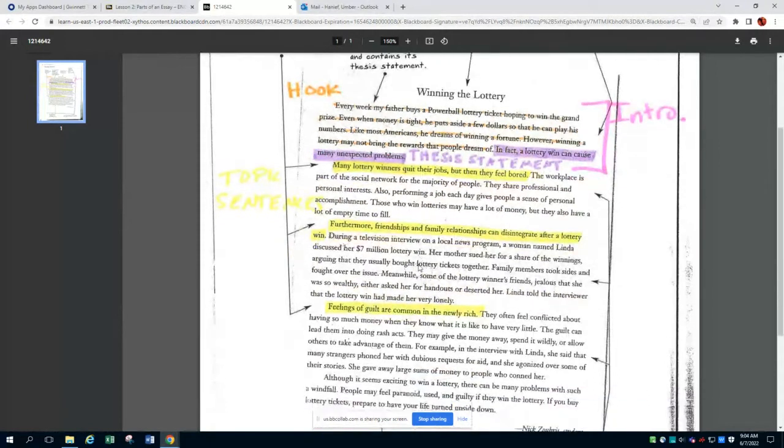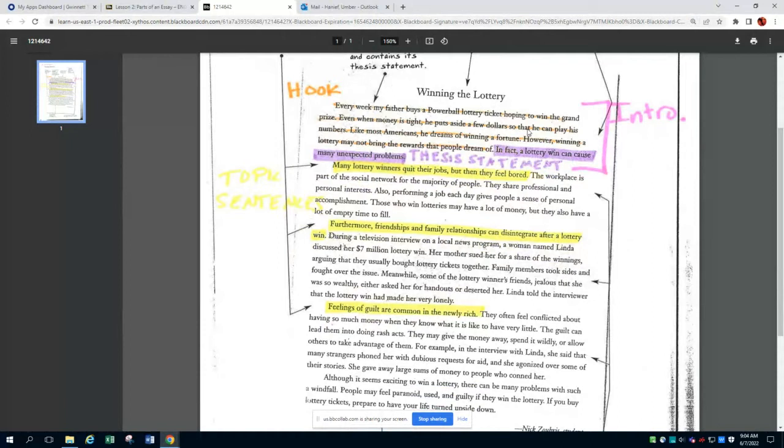In a basic essay, can you guys just tell me what it looks like? How many paragraphs are there? Yeah, there are 5 paragraphs, right? And the 5 paragraphs are divided into 3 different sections. What is that first paragraph called?